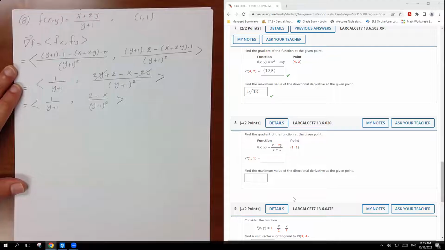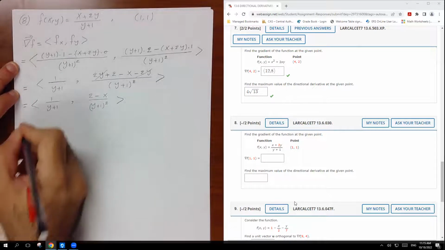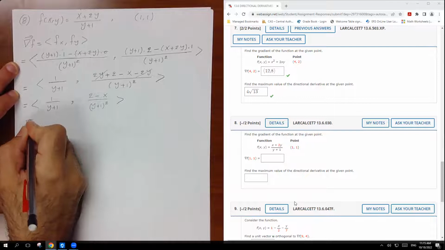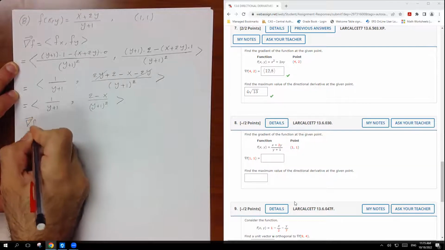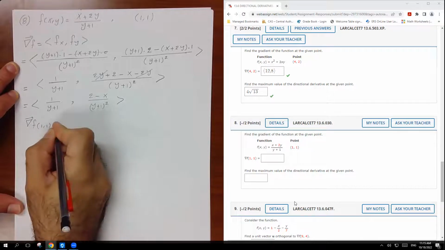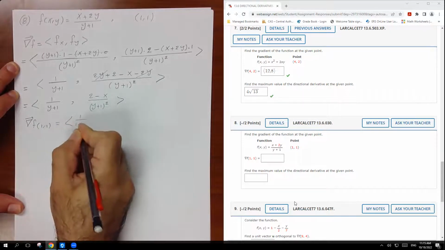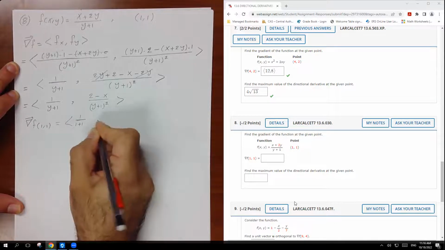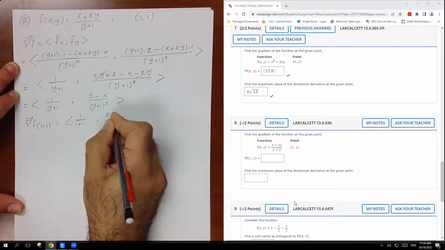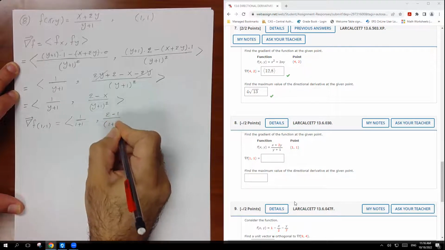Let's keep going. Now we're going to find the gradients at the point 1 and 1. So it's going to be 1 over 1 plus 1, and here is going to be 2 minus 1 over 1 plus 1 squared.